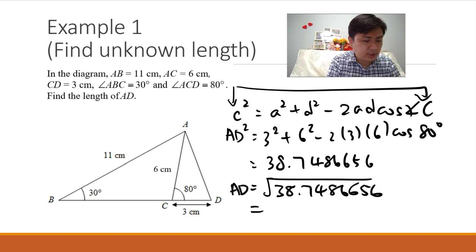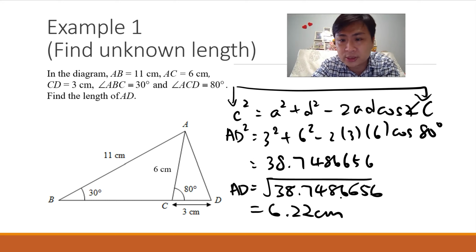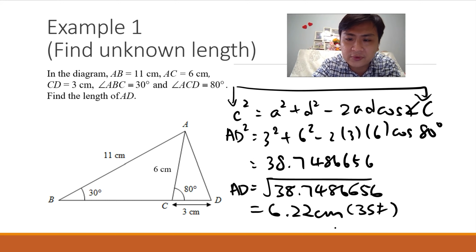We press our calculator and we'll get a value of 6.22 cm. When the degree of accuracy is not given to us, we round it off to 3 significant figures.